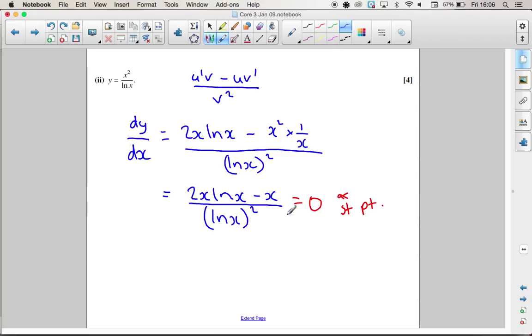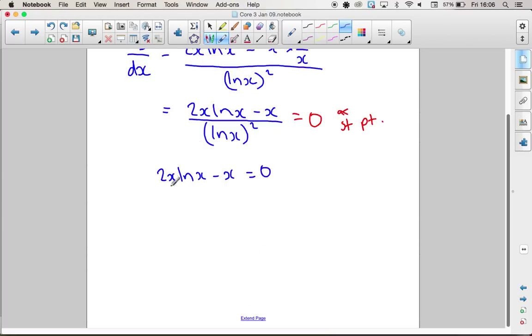And if this is going to equal 0, we need the top to be 0. I can factorise an x out. So again, I can say that either x equals 0 or 2 ln x take 1 equals 0.